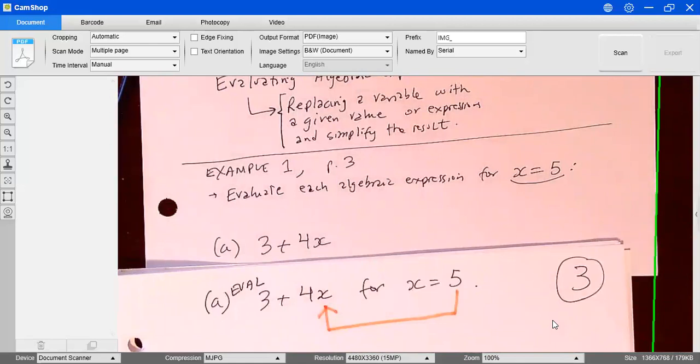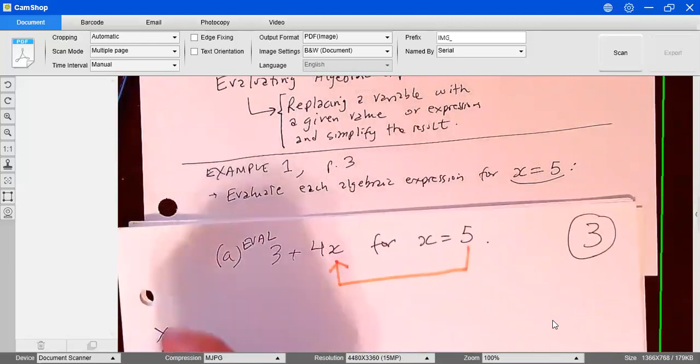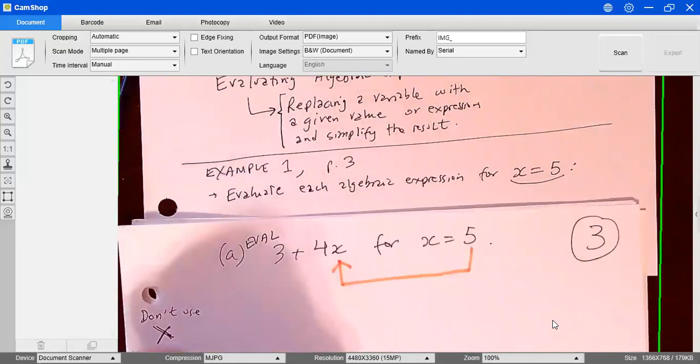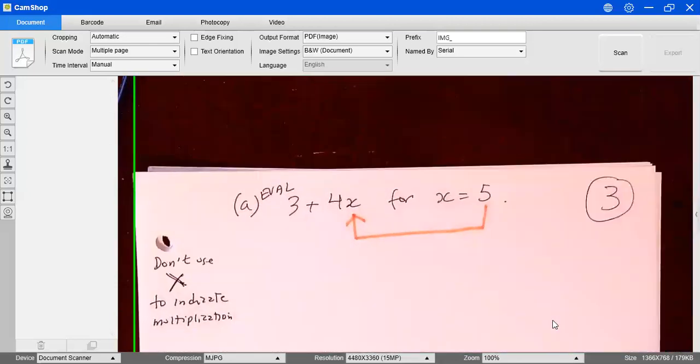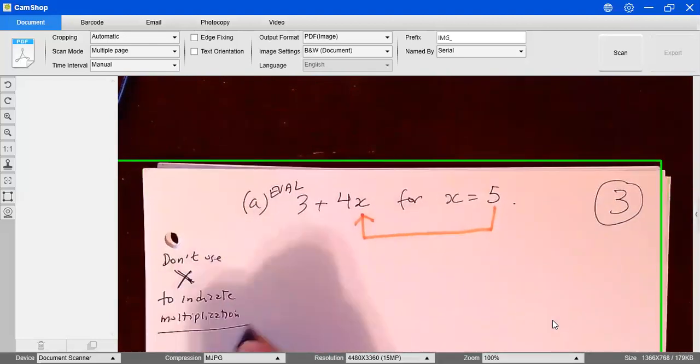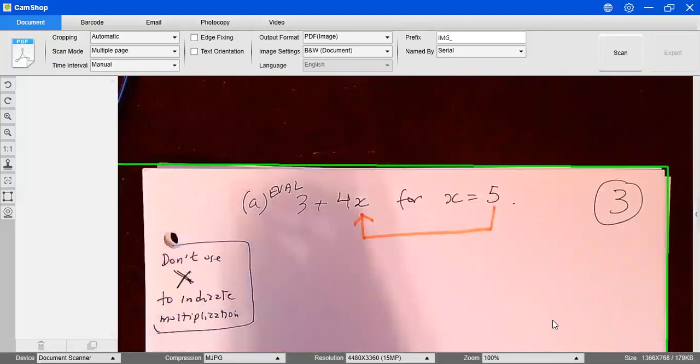The first thing you're going to notice is that we don't use this symbol, the x, to indicate multiplication. Why? Because we're going to use x for a variable name, so we don't use x to indicate multiplication. This note is very important to have in mind.